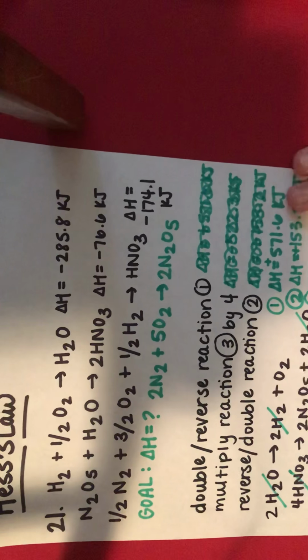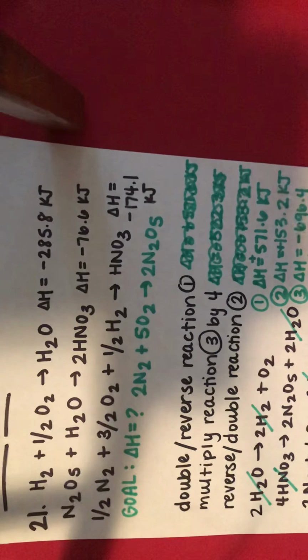And then the last two I'm going to do have to do with Hess's law. I know it's really complicated. It's kind of a lot. Make sure when you're going through, you start with whatever you're trying to find.